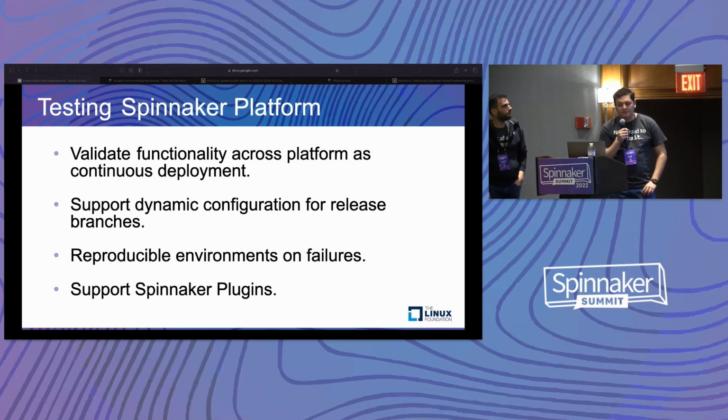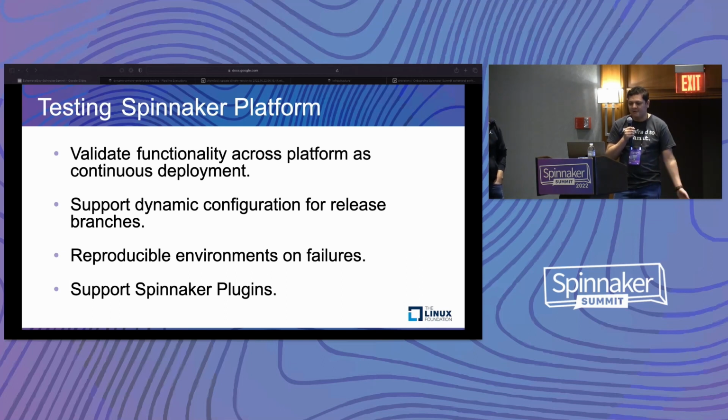As we support multiple branches for the open source and the Armory ones, we require dynamic configuration for those. And on failures, we want to easily reproduce the issue with the correct version of Spinnaker that is throwing errors as part of our process. And of course, we want to support and validate Spinnaker plugins in all this process.